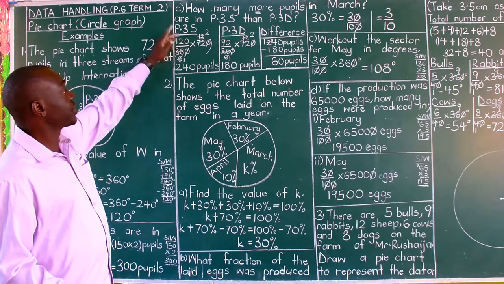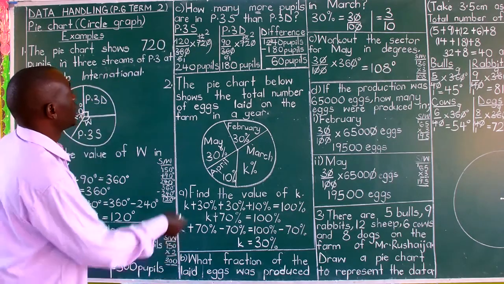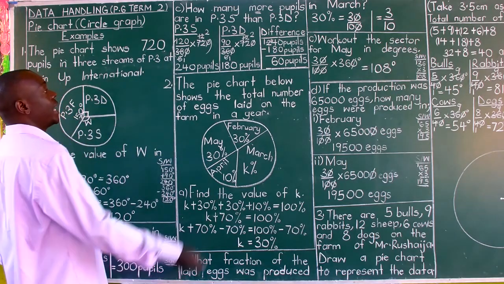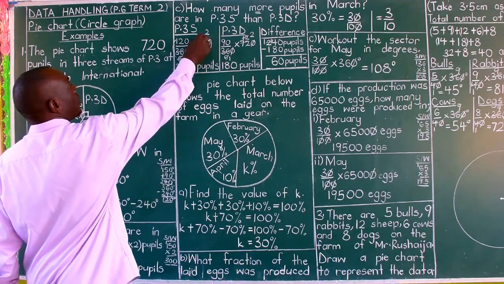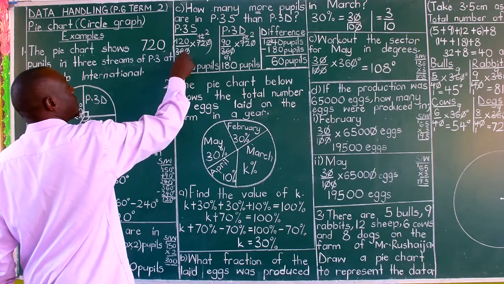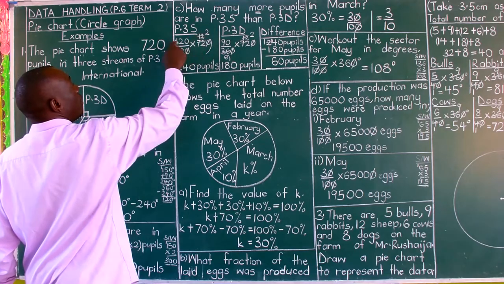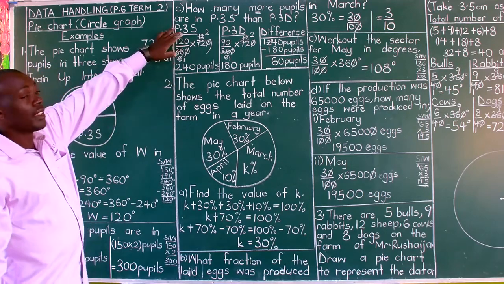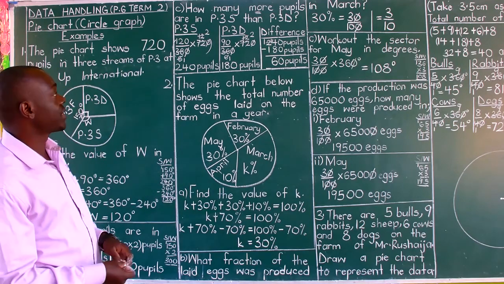So 120 out of 360 times 720 pupils. You cancel by 10 by 10. Then we go by 6: 36 by 6 is 6, 72 by 6 is 12, then 6 by 6 is 1, 12 by 6 is 2. 120 times 2, you will get 240 pupils that are in P3 Success.